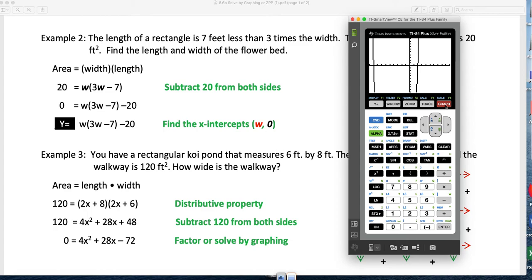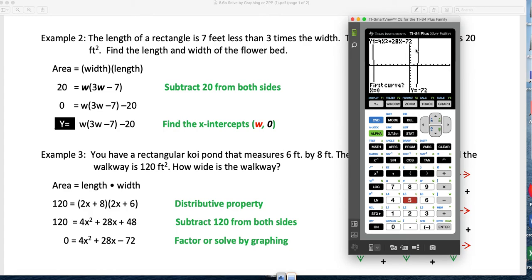I think we're going to have to resize it. Well, technically we wouldn't have to because I can see both x-intercepts right there. And because this is positive, I know it opens up, so the vertex is down here somewhere. I don't see any point in resizing that because all I want is that x-intercept. So I'm going to go second trace.